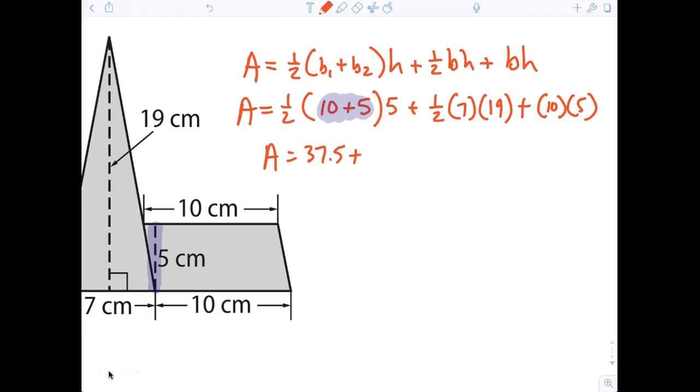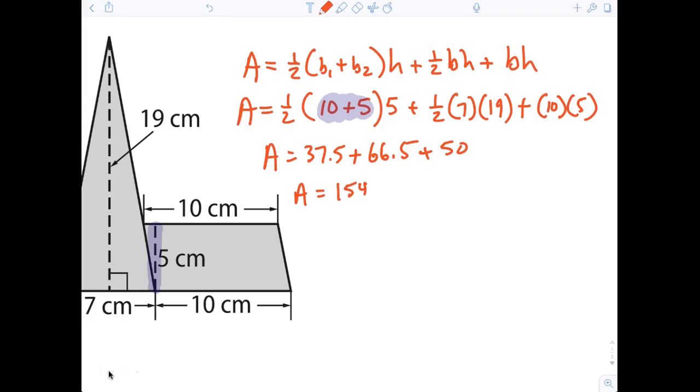What's that? 66.5, plus 10 times 5 is 50. So there is no decimal. Those of you who claimed it was a decimal, there's no decimal. Now add 37.5, 66.5, and 50. And what is that? 154.